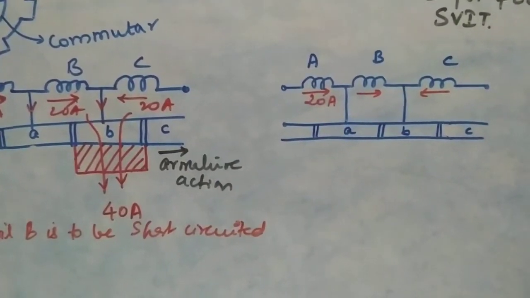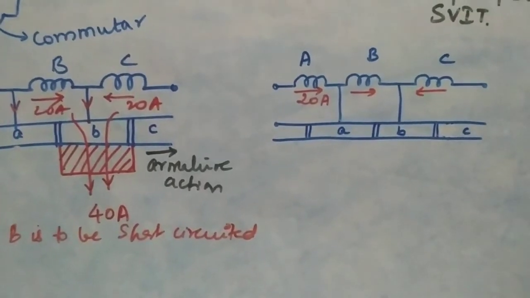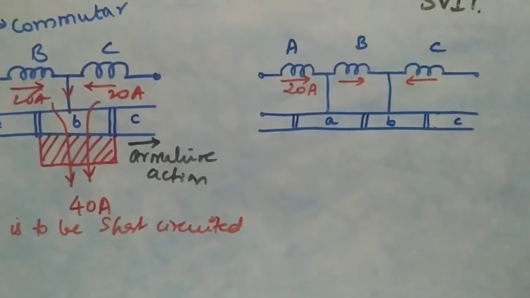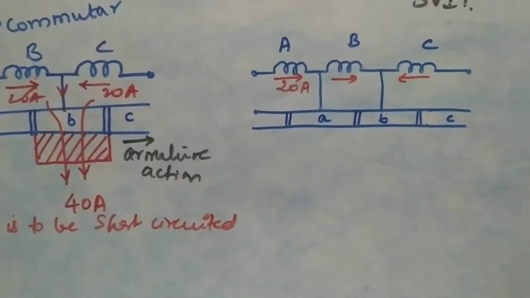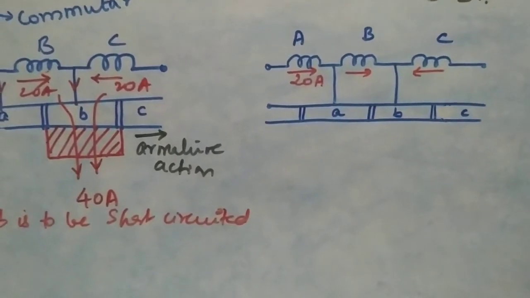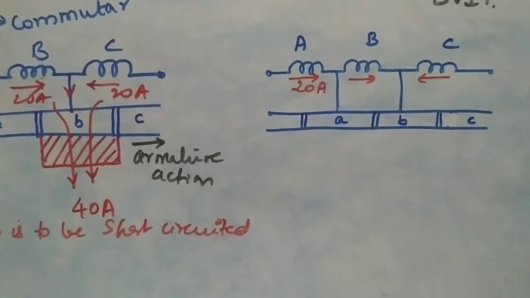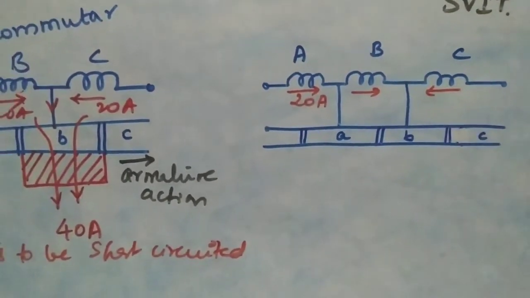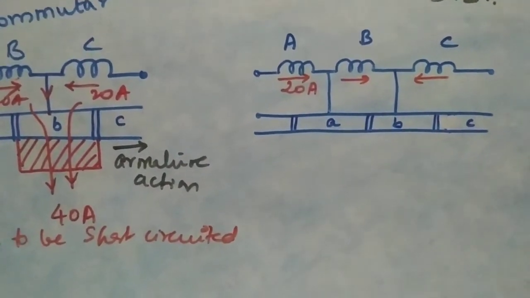So let us see case 2. In this case, what will happen when the coil B is about to be short circuited? The brush is entering the short circuit period. Here the current in coil B will get reduced from 20 amperes to 10 amperes.